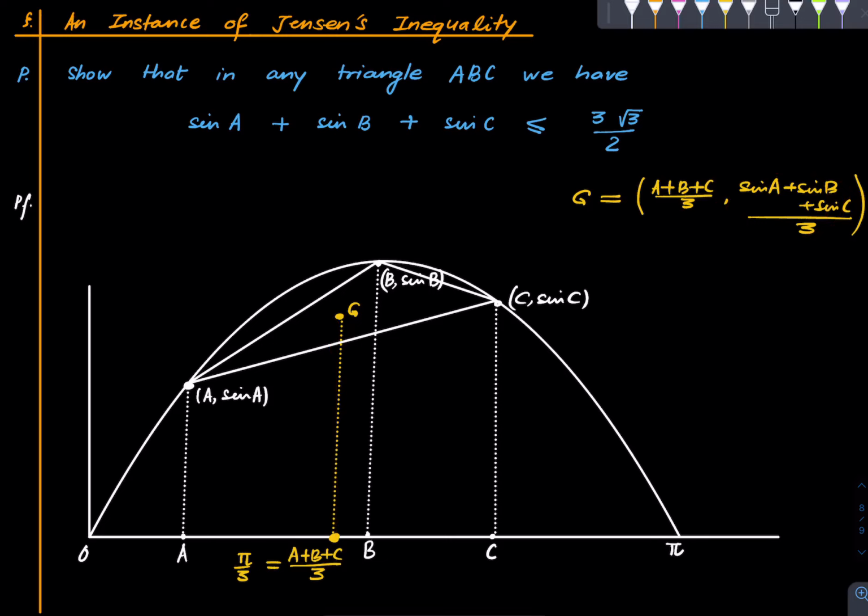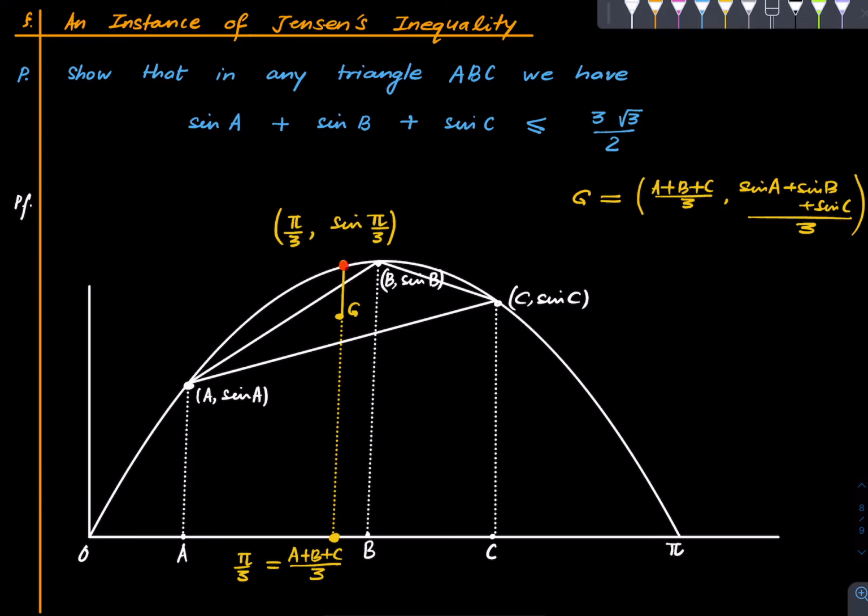Okay, and finally, since this centroid is inside the triangle, if you go further up somewhere, you will hit the curve. So above the centroid, just keep extending this line. Here, the coordinates of this point are (pi by 3, sine of pi by 3). Right?